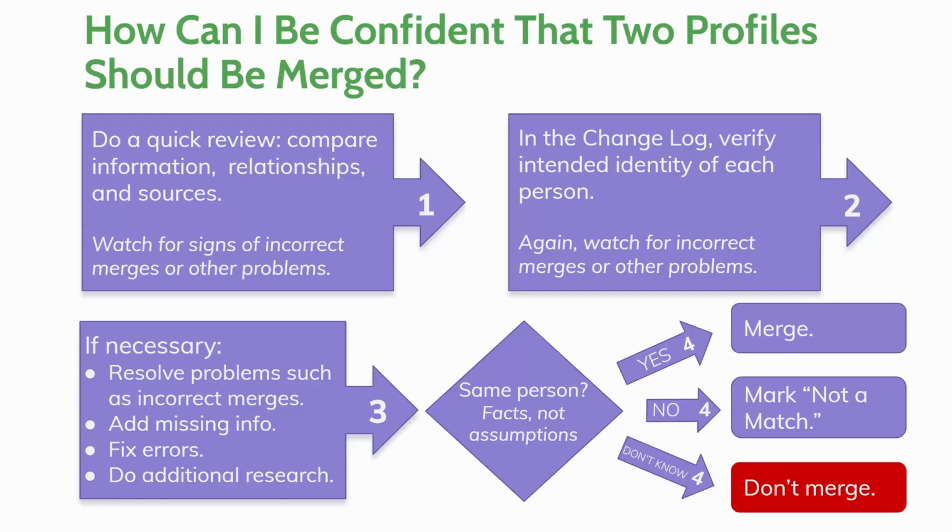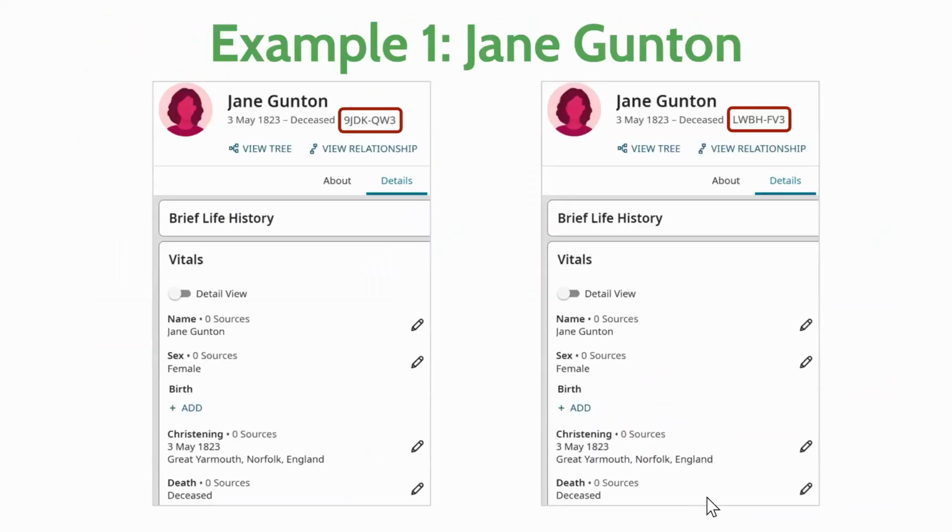That's probably not what we want to do, right? Because we want our tree to be accurate. And if there really are two different guys named John Smith, then they each deserve a profile, and we don't merge them just to clean up the tree and get rid of what we consider to be extra profiles. So I don't know is a perfectly legitimate response when you're evaluating two profiles for a potential merge.